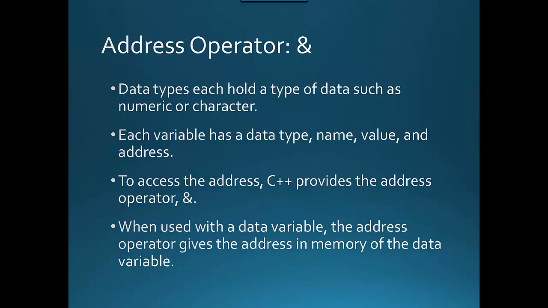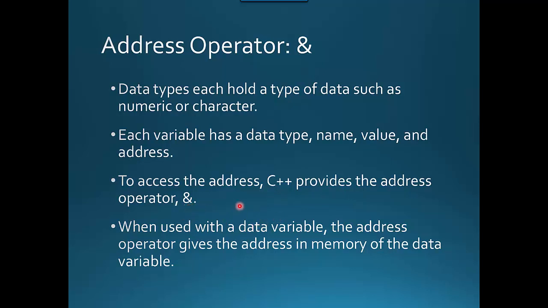So the next thing we want to look at is how do we get the address of a variable when we're running our program. Each variable has a data type and an address. To access the address of a variable, we can use the ampersand operator.